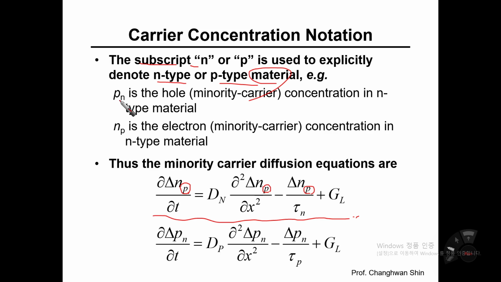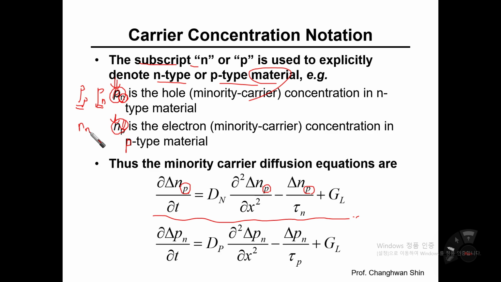If I write p sub n, it means hole concentration p in the n-type material. What about p sub p? p sub p indicates the hole concentration in the p-type material, the majority carrier concentration in p-type material. And p sub n means minority carrier concentration in n-type material. What about n sub p? Yes, electron concentration in the p-type material, that is, minority carrier concentration in the p-type material.